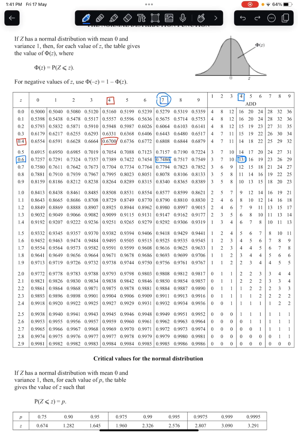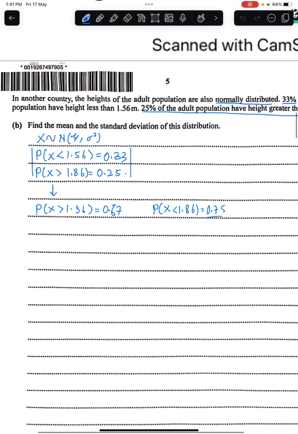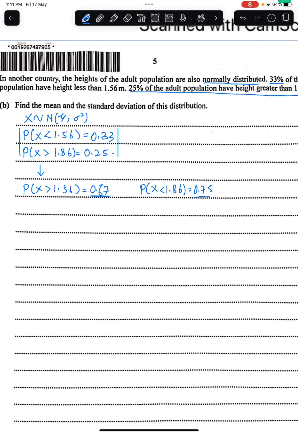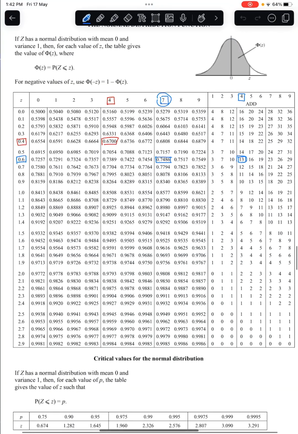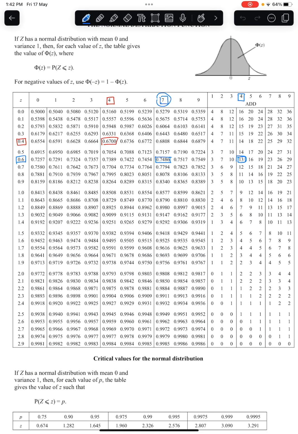Okay, let's go. I'm going to change the probability back into the z-score. We can write like this. Wait, so 0.67 is what again? 0.44.